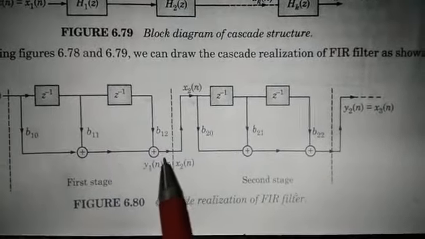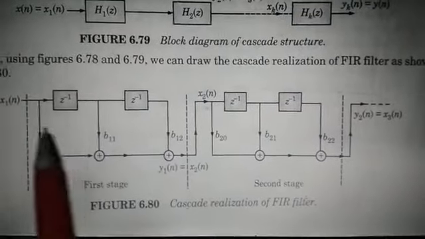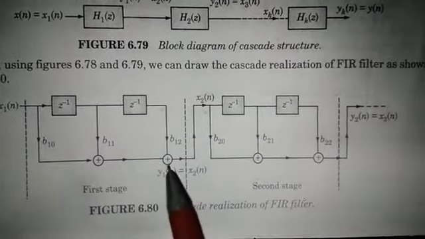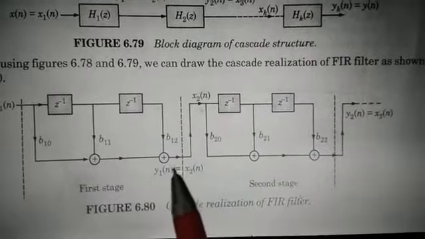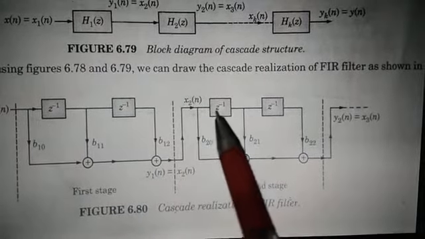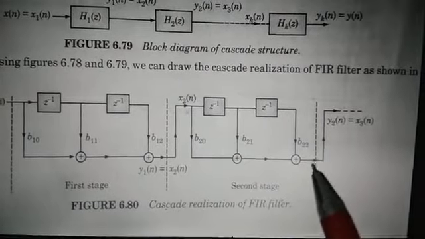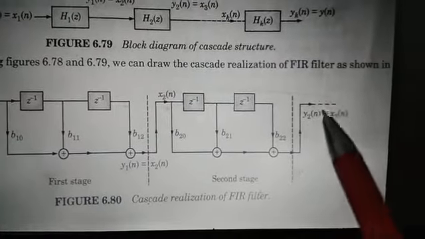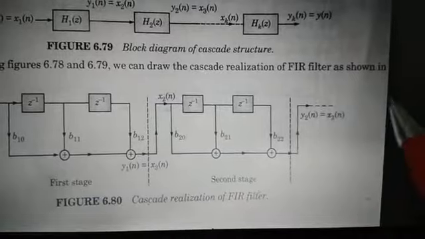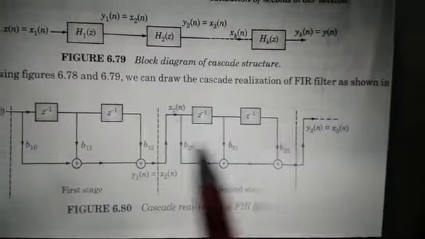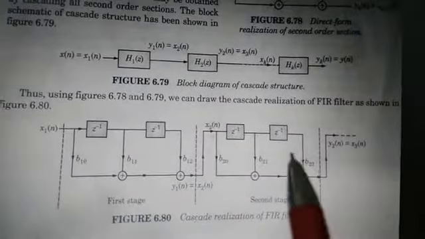So the output of h1 of z is this x1 of z and y1 of z here. So this is the output. This output is connected to the input of the second direct form structure, and the output of the second direct form structure is again connected to the input of the third. So this is called cascading. Cascading in direct form for the FIR filter.